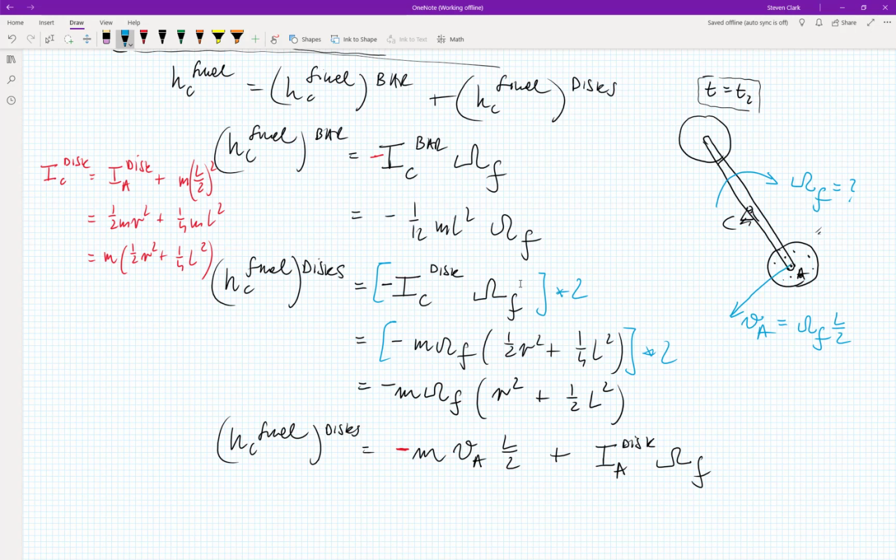That body is a rigid body, not moving relative to the bar. That system is like one rigid body. So each component of that system has omega final. It's okay. That's my answer. Think about it and we can talk about it later, okay?